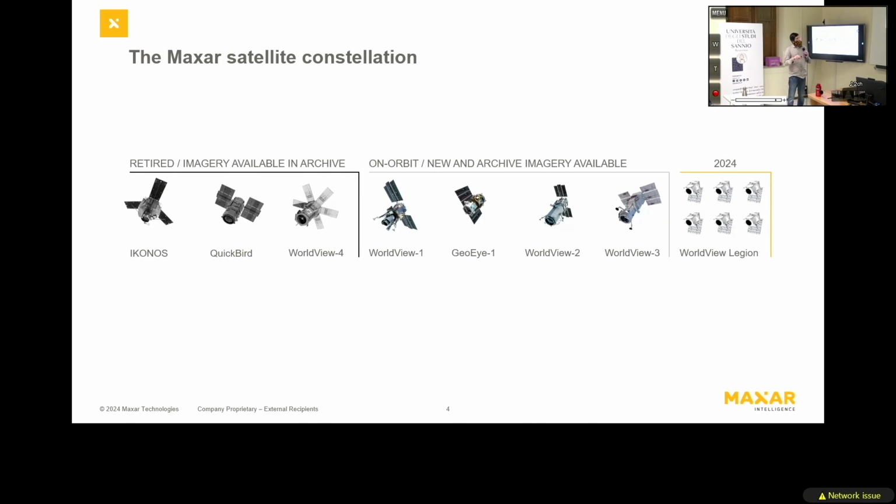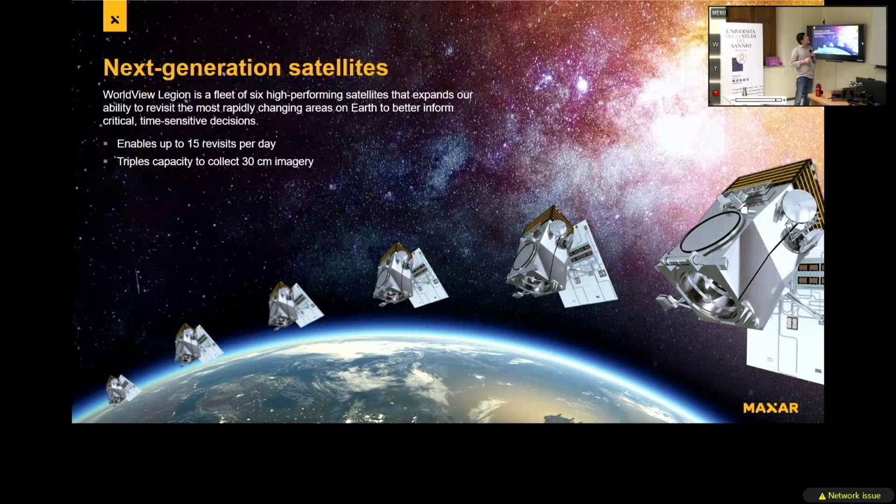This year, we are launching 6 Legion satellites. 4 have already been launched, and we are currently commissioning them. And the last 2 are going to be launched in the next few months. The nice thing about Legion is that it will enable us 15 revisits per day. That means that throughout the day, we'll be able to collect multiple images at different times.